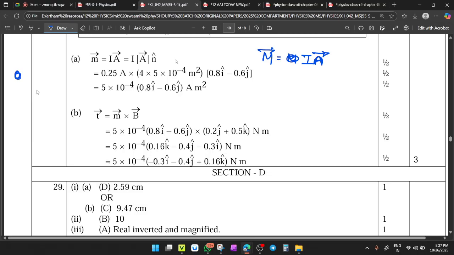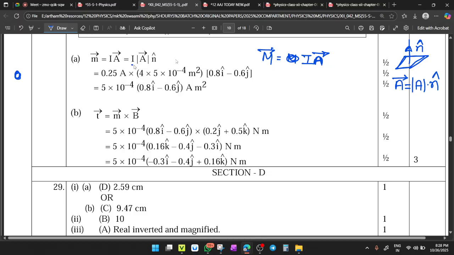Any vector quantity, like vector a, constitutes two things: first its magnitude and its direction. As you know, the direction of the area vector is along the perpendicular unit vector. So vector a may be given by the magnitude of the vector multiplied by the unit vector.